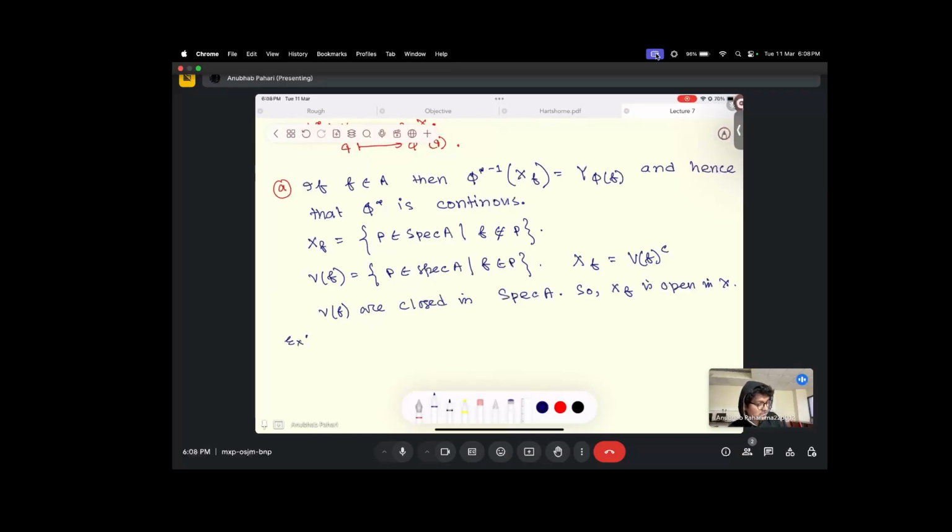Small exercise: X_f, f belongs to A, are the basic open sets of the Zariski topology.